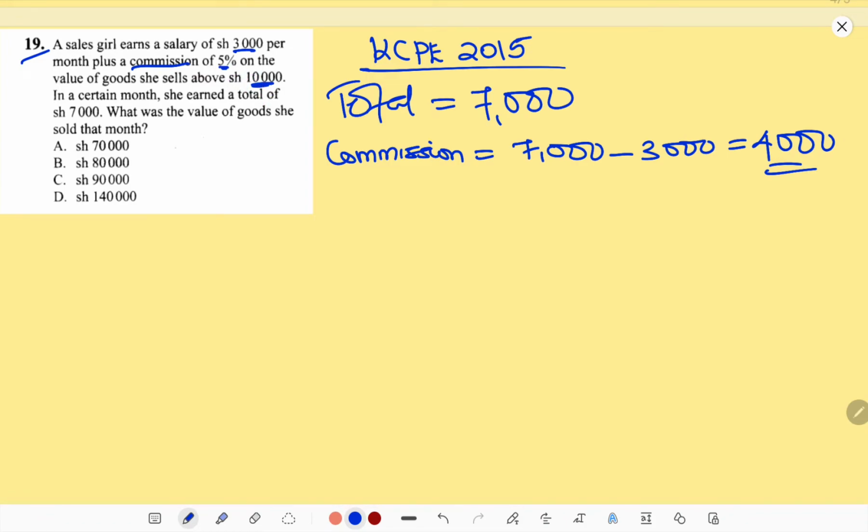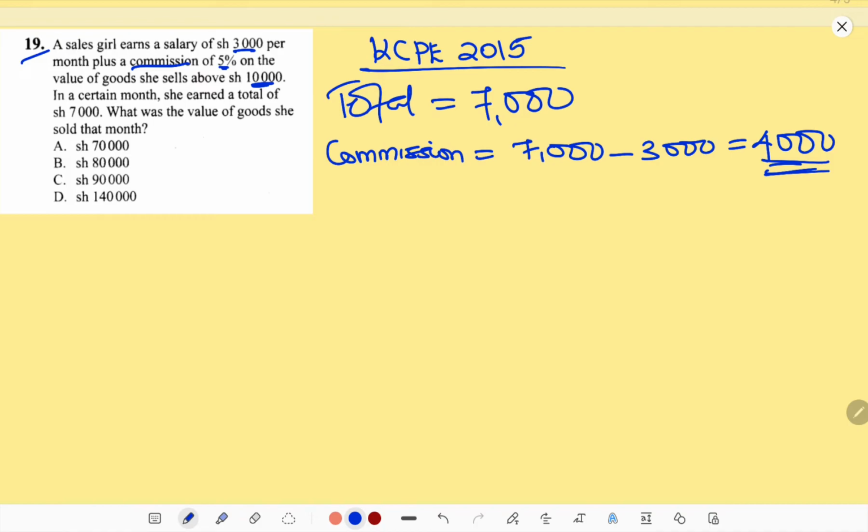That means that if they sell maybe 20,000, you subtract the 10,000, so they are going to get a commission of 5% of the 10,000.